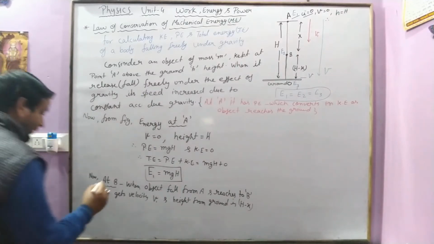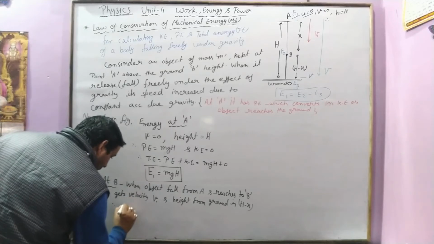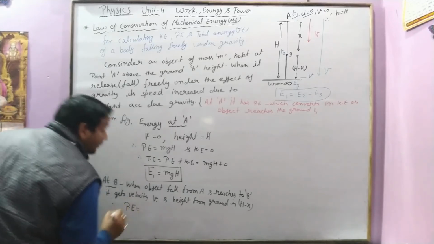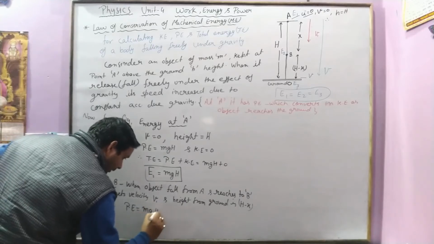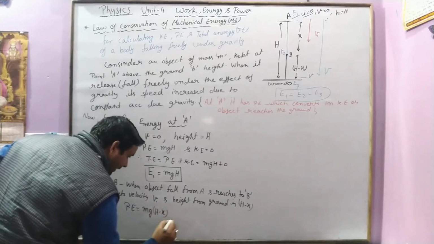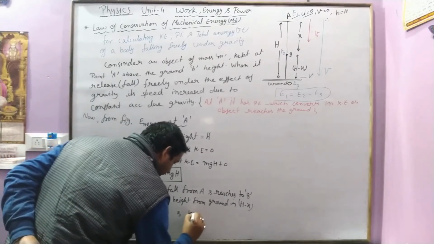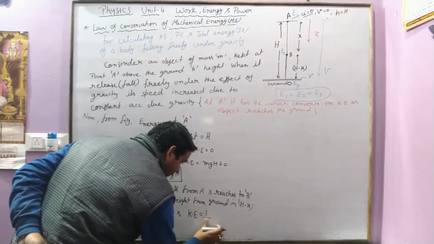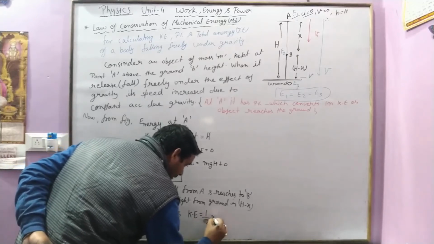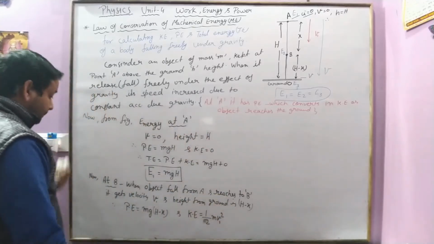Okay, therefore it has potential energy equal to mg(h minus x) and kinetic energy half m v1 square.